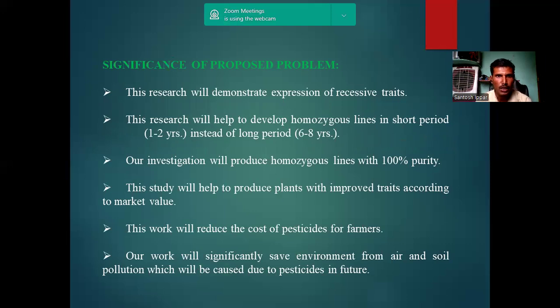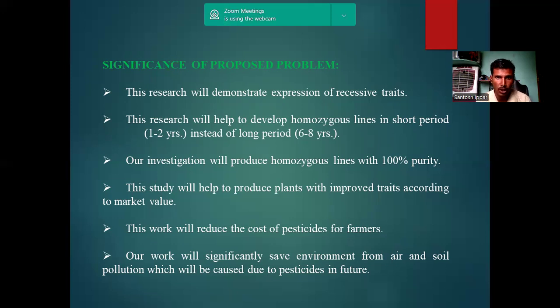These are the significance of the proposed problem: this research will demonstrate expression of recessive traits. We know from Mendelian genetics that if two homologous chromosomes are there, and at one locus, on one chromosome there is a capital T and on the other chromosome a small t, then the dominant characteristic is expressed, that is, with the capital T, not with the small t.